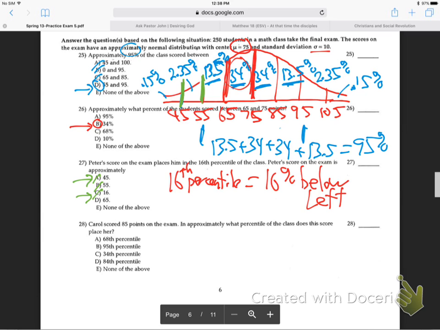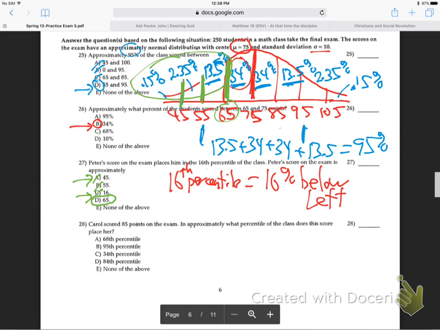No. Is it D, 65? If you're at 65, what percent is below you? Yeah, if you add those up, those three make 16%. So the answer is D, 65. That must be Peter's score. He must have got a 65 because 16% of the class got below him.